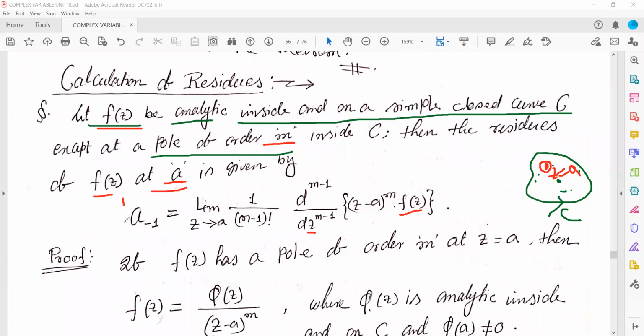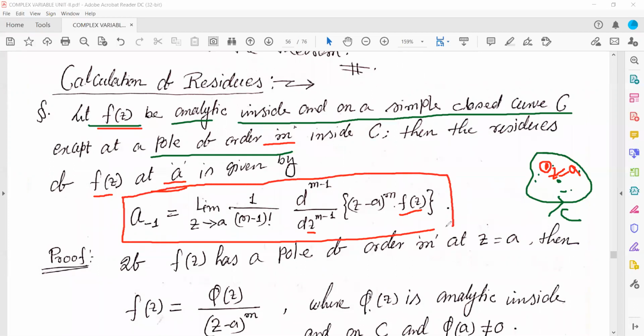So this is a formula. Using this, you will be able to calculate the residue of any pole, whatever the order. Just simple.